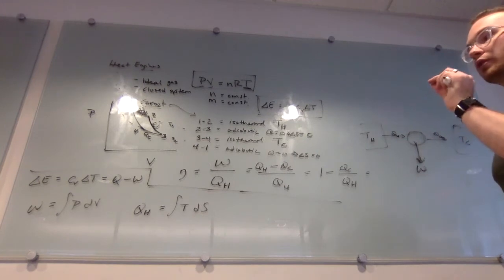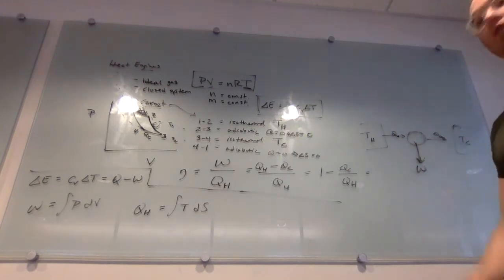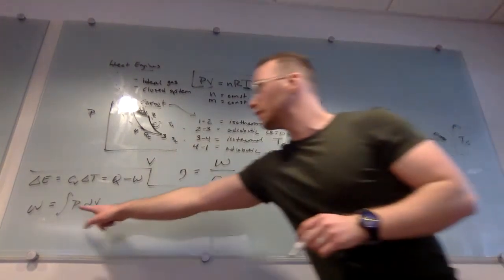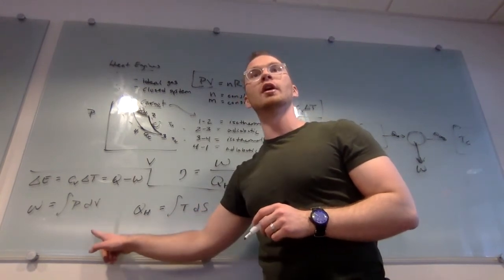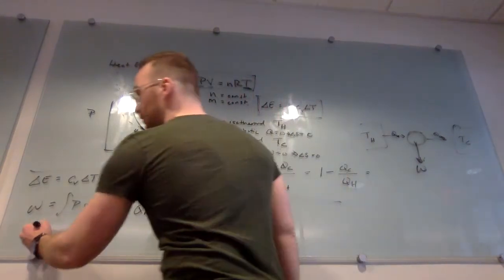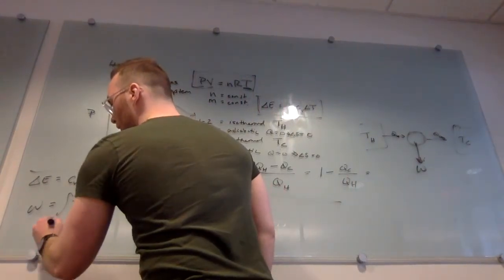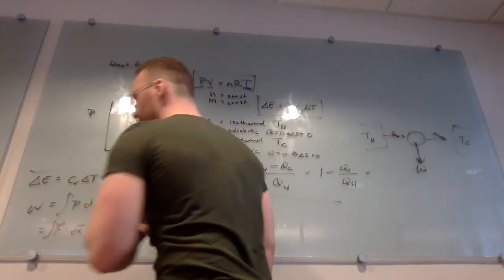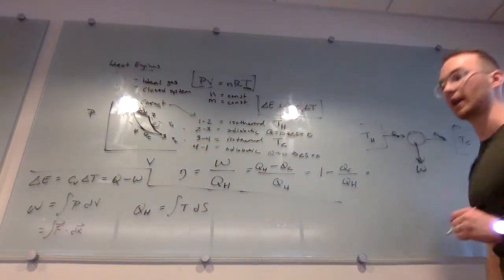Work is literally just, as always, F dot dx, but in 3 dimensions. This is the same work we always do, which we used a long time ago from the work-energy theorem in kinematics.